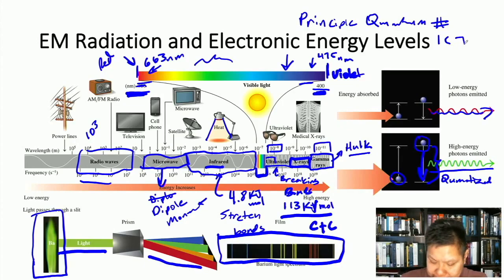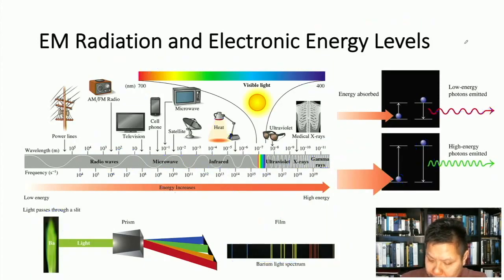The other thing to know too is that it's only electrons that are in the outer electron shell of an atom that can be excited to a higher energy level or promoted to a higher energy level when it absorbs energy. And what I mean by outer shell is that if I have an atom, for example, of neon, the first electron shell can only hold 2 electrons, right?